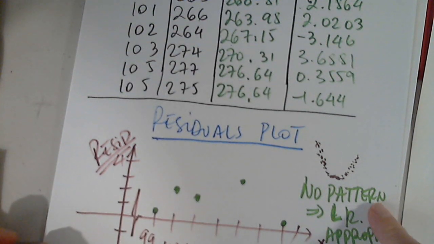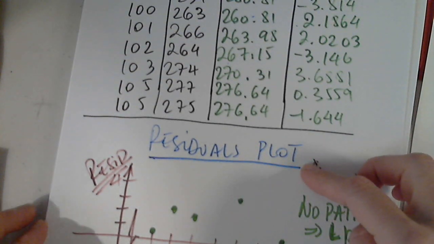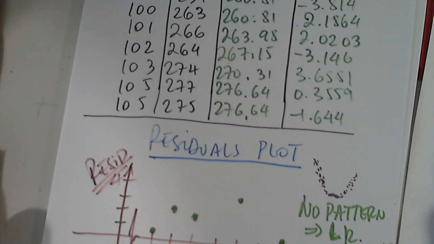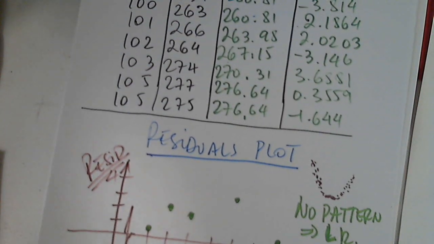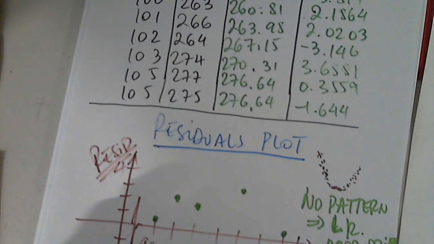Obviously, there is no pattern. So we are confident that after plotting the residual plot, we chose the correct model. Not only was the regression coefficient within the range, but the residual plot also says that the linear regression is okay.